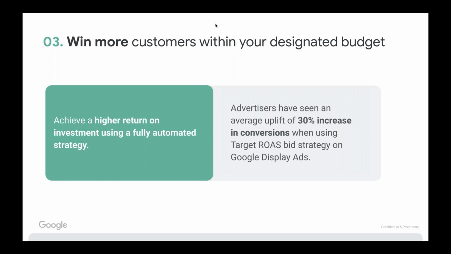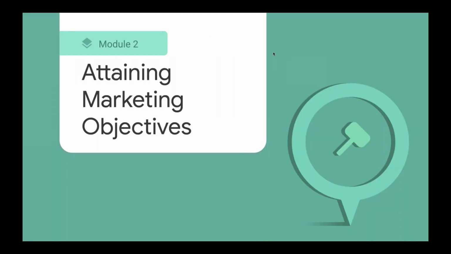So that's one of the things: not only do we brag about smart bidding, but we want to make sure it actually works and is really beneficial for the customers. That's why a lot of customers see success with smart bidding solutions. With that, I hand over to Seb for the attaining marketing objectives section.